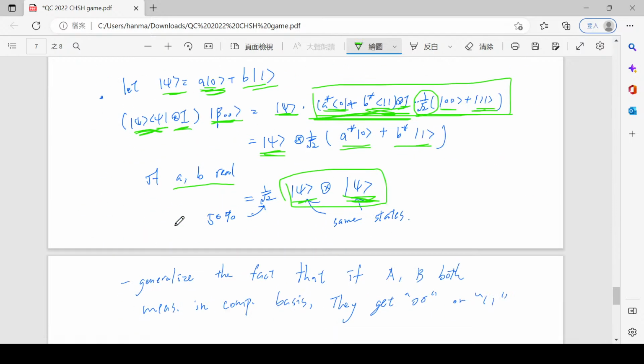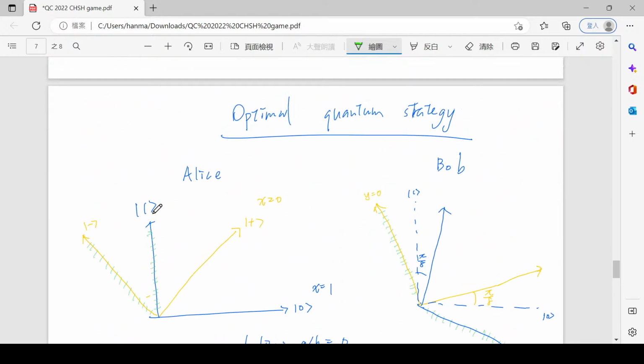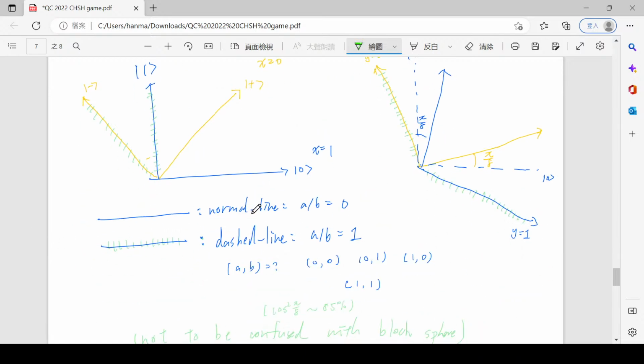Because we only care about real states. Okay. So we are drawing this 2D surface spanned by 0 and 1, with real coefficients. And remember, the plus state is 0 plus 1, and the minus state is 0 minus 1. Okay. So this makes sense.